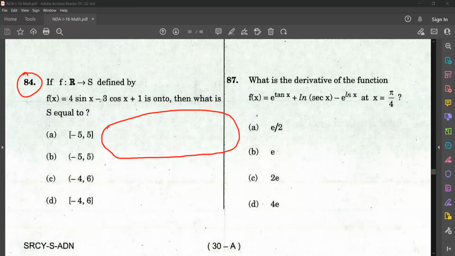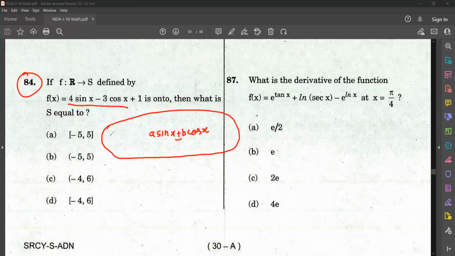If the function is of this form, a sin x minus b cos x, even if it is plus or minus, it is okay.